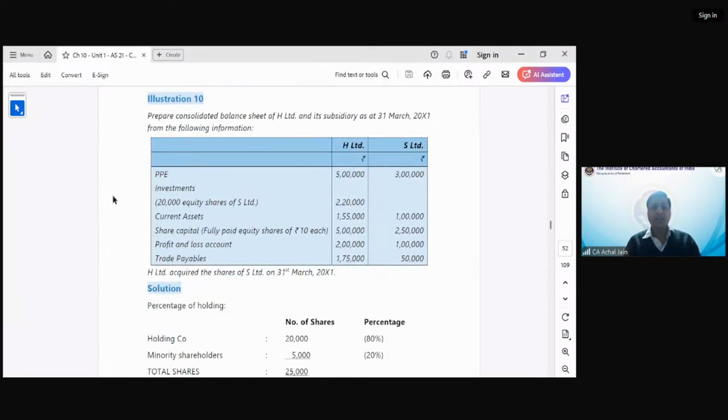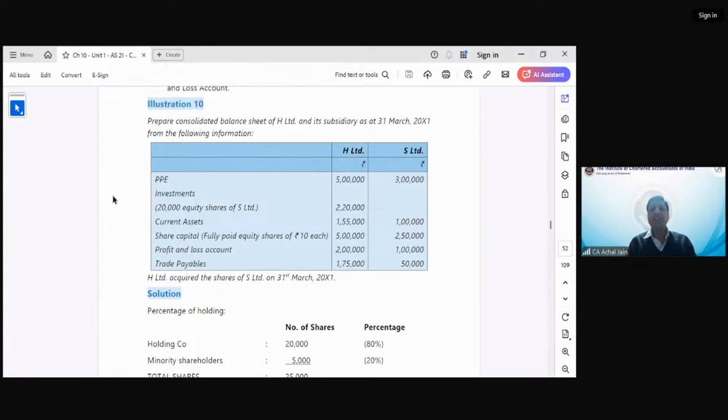Okay, so let's look at this question 10. Fine. So in this question, we'll look at how to present all of these items in the balance sheet. Okay, because some of you had questions on how to present. So we are going to look at this presentation part around the balance sheet. H Limited and its subsidiary S Limited, their balance sheets are given to you.